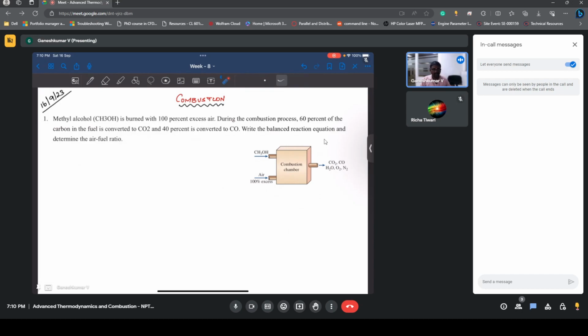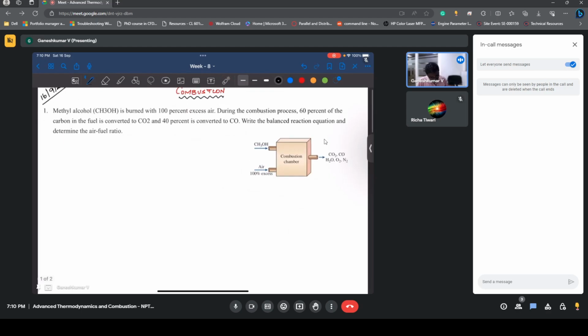Ideally, in a combustion chamber, these are not the only products. We will discuss that later, but for this problem, we will assume that these are the only products coming out, and these are the reactants entering it. If that is the problem statement, we need to write a balanced reaction equation. What do you think? How can it be written?